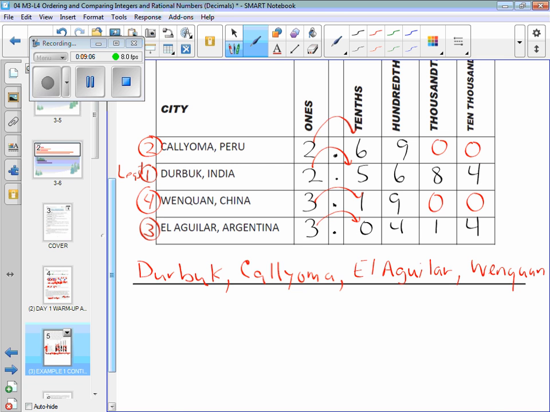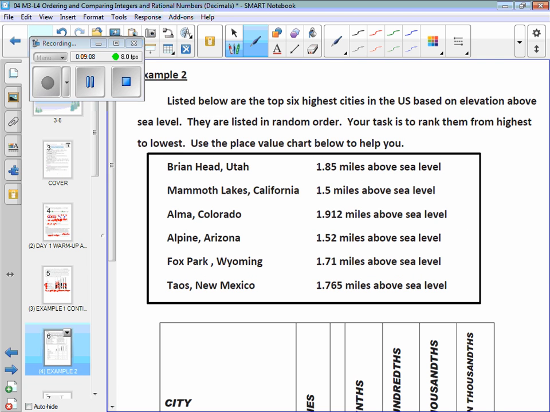Here's a harder one. I'm going to do it the same exact way. All right, these are the top 6 highest cities in the U.S. based on elevation above sea level. And they are in random order. Your task is to rank them from highest. I'm going to underline that because now they want highest to lowest.